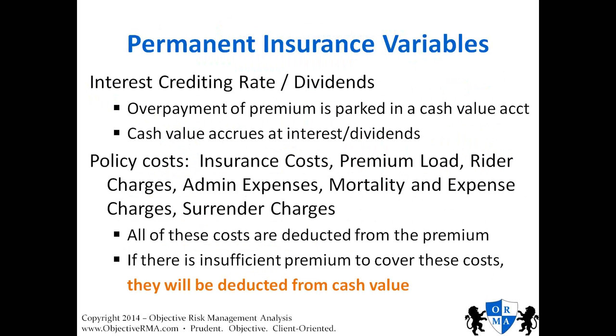The policy costs can include the insurance costs, premium loads, rider charges, admin expenses, mortality and expense charges, and surrender charges. And all of these costs are deducted from the premium, and if there's insufficient premium to cover those costs, then they will be deducted from the cash value.